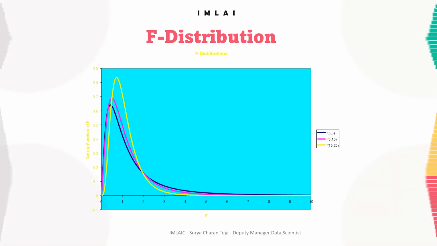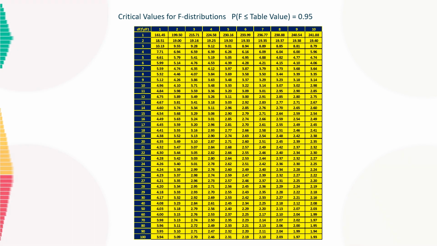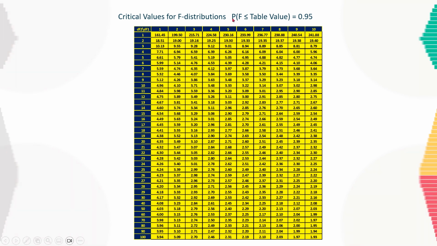This is the F distribution table. For the probability of F less than or equal to the table value, 0.95, if you want to get a critical value with the numerator and denominator degrees of freedom, you look into df2 on the rows and df1 on the columns.